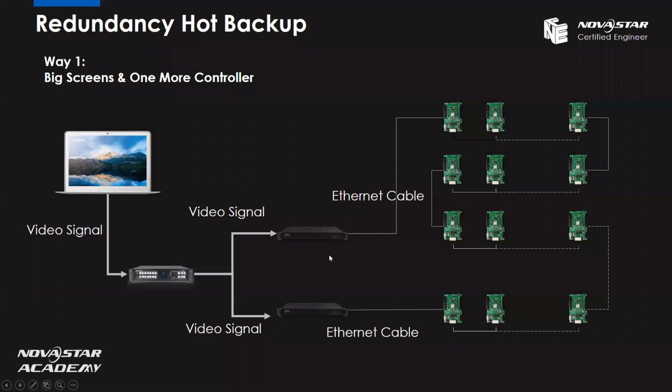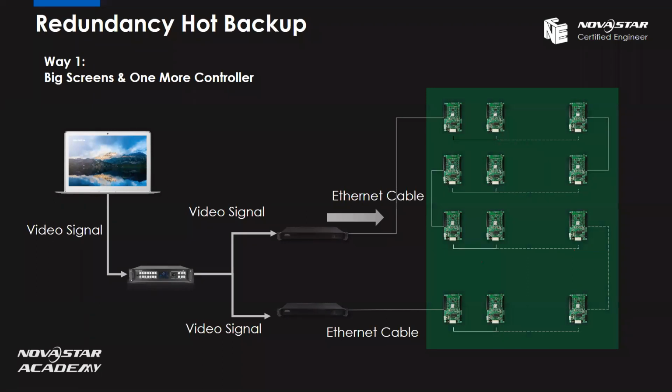Normally, if the project is working properly, the video signal comes in from the top one, which is the primary channel, and the whole screen gets the video signal and shows correctly. But especially for a live show, if one cable in the screen is broken, the rest of the screen can't get any signal from the primary channel.